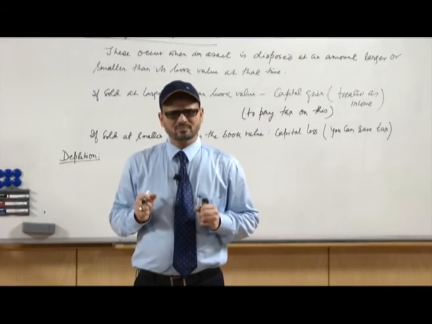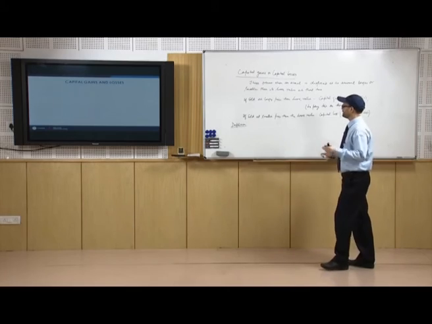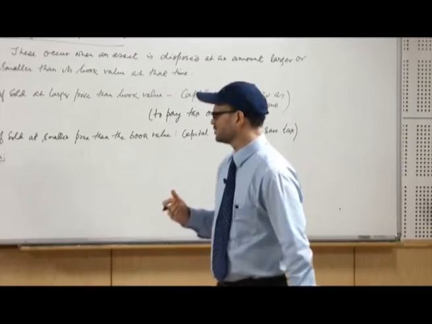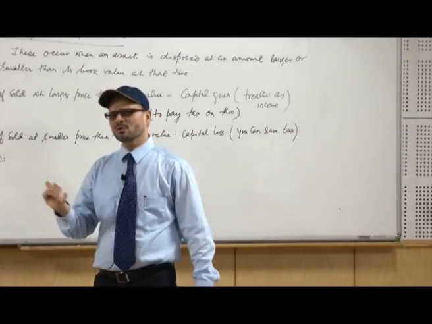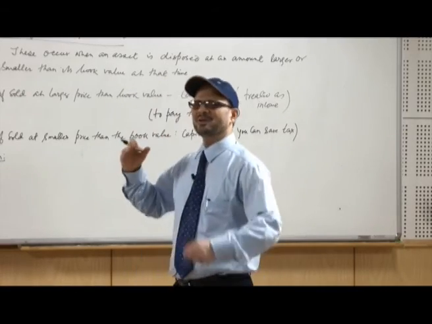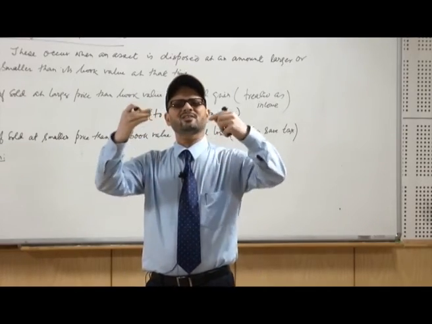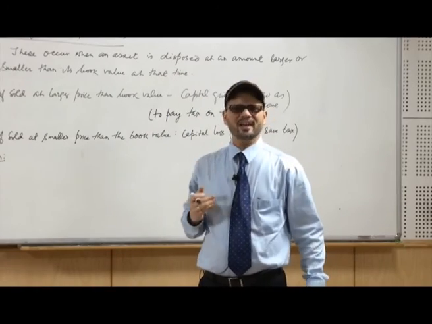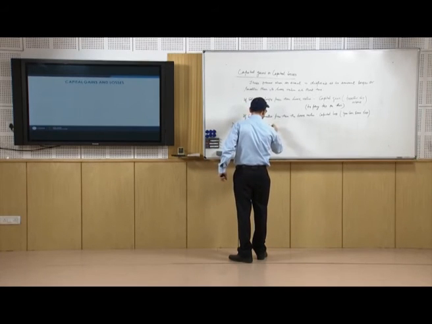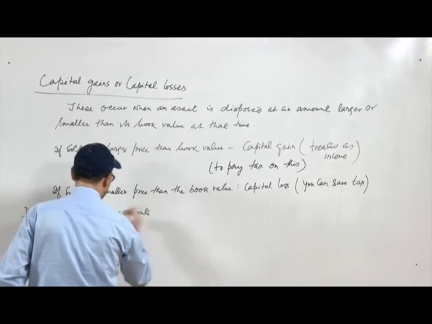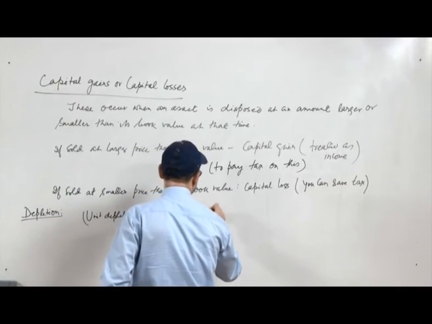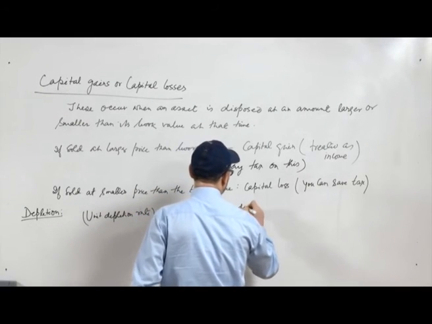Since there is piecewise removal of natural resources, as the units are removed you need to get a certain depletion allowance. First you get the unit depletion rate, and that is multiplied by units produced, which gives you the depletion allowance.